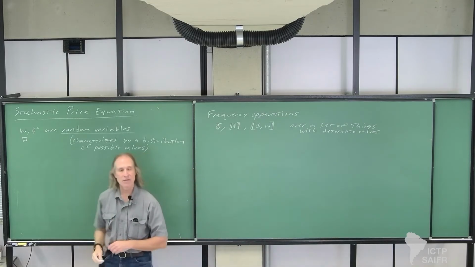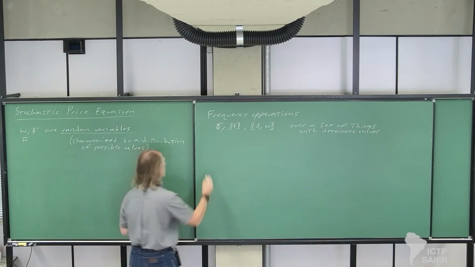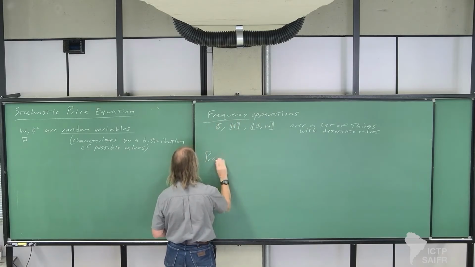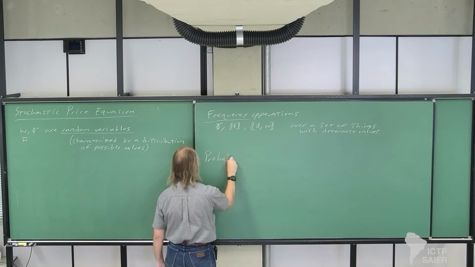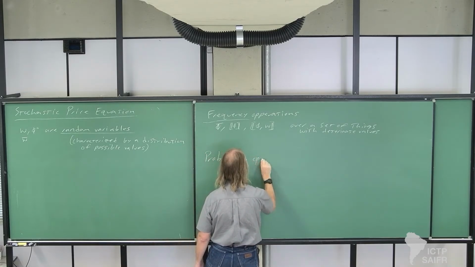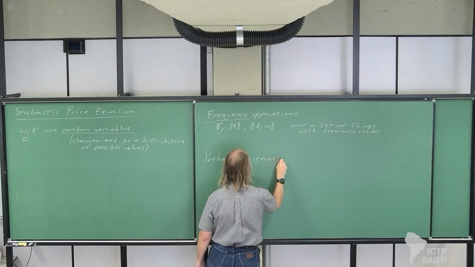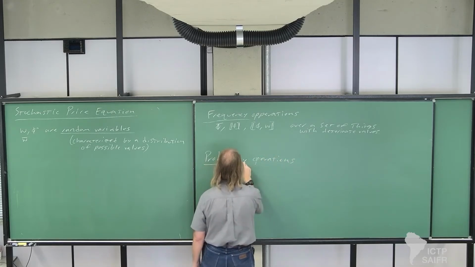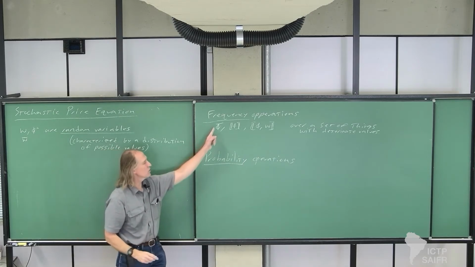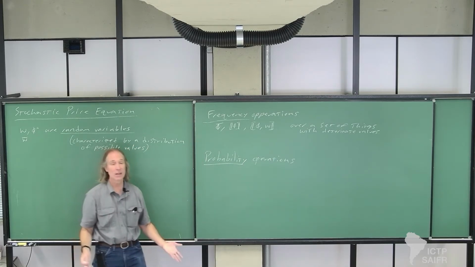We're going to have to also now talk about probability operations. I will use a similar notation, but instead of straight lines, I'll use angle lines.